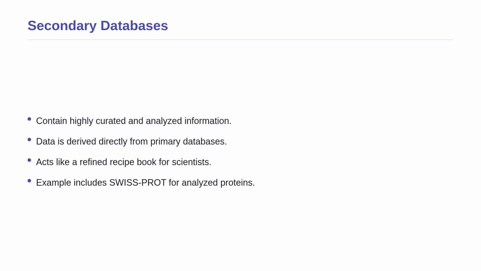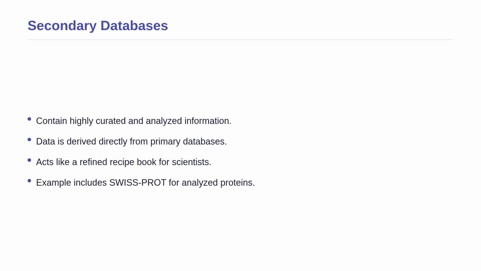Once the raw data is stored, it needs to be processed, which brings us to our next category. Second, we have secondary databases. These contain highly curated, analyzed, and annotated information that is derived directly from the primary databases.